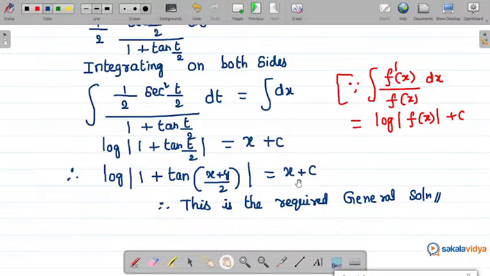I will repeat this same question, and day after tomorrow we are going to start with exact differential equations, which are first degree differential equations only. We are going to discuss exact differential equations in the next session. Thank you, bye bye.